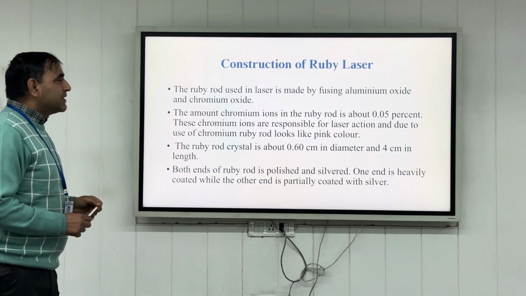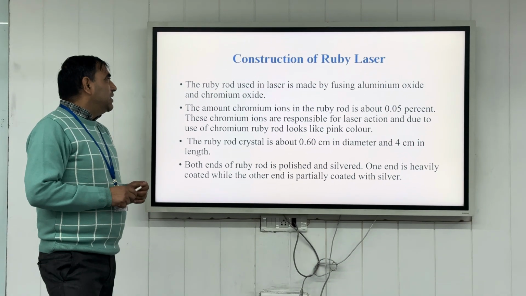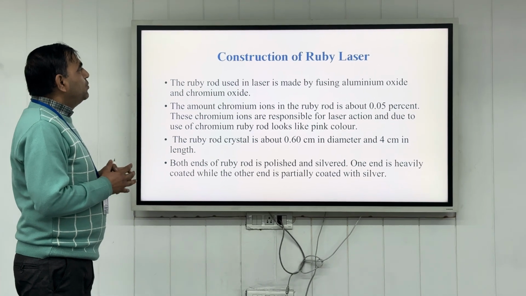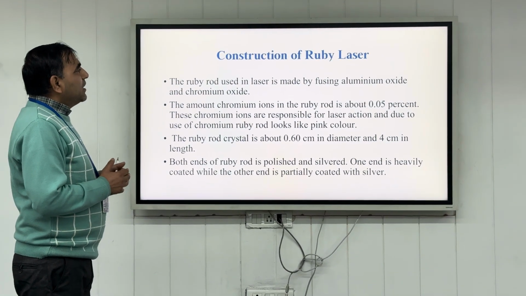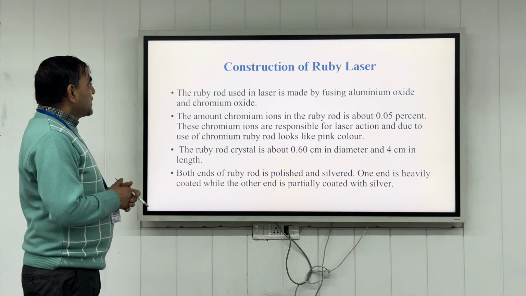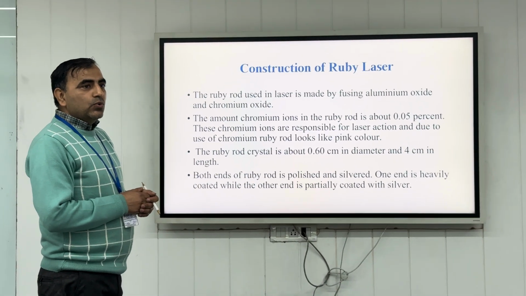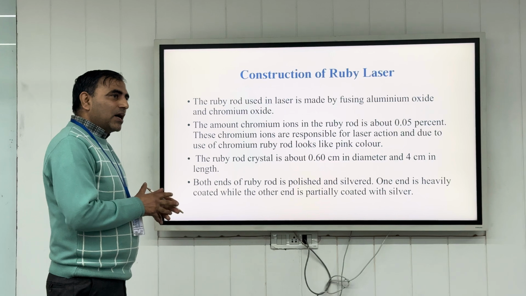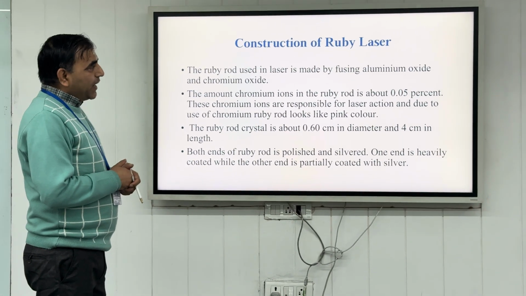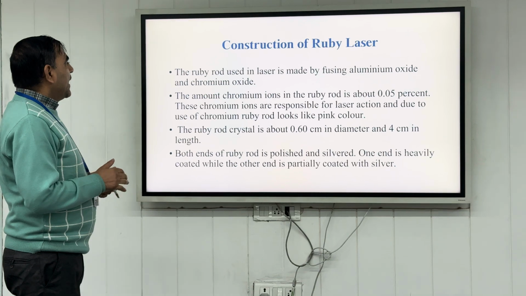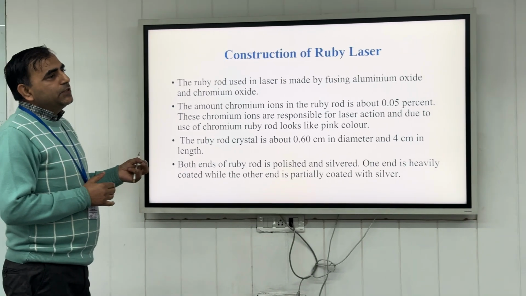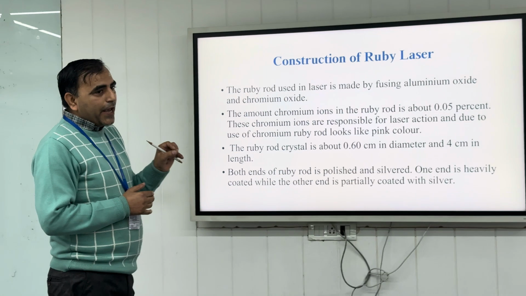Next, the construction of the ruby laser. We use a ruby rod that is made of aluminum oxide, Al2O3, and the amount of chromium ion is approximately 0.05%.